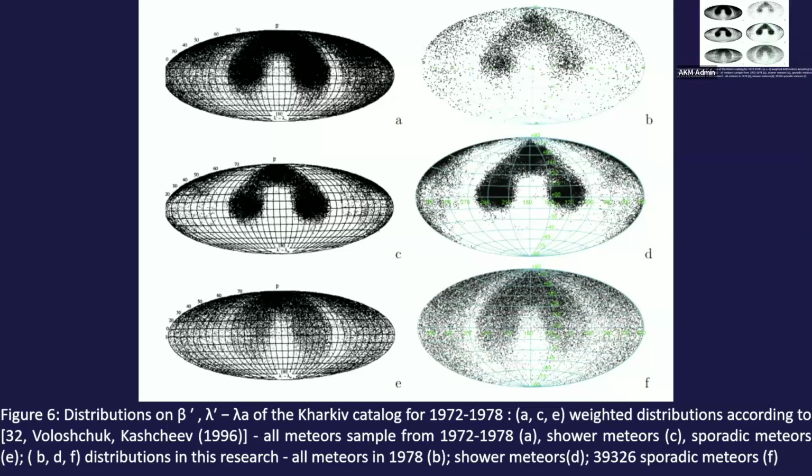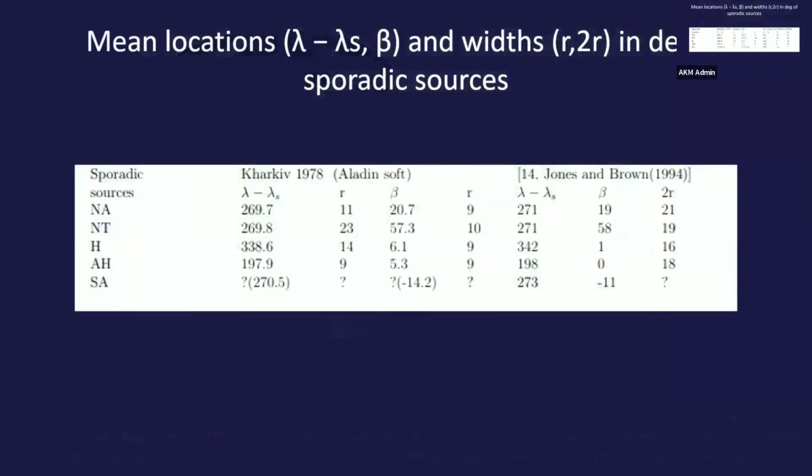This figure gives us the main locations of lambda minus lambda of sun in the six main sporadic sources.